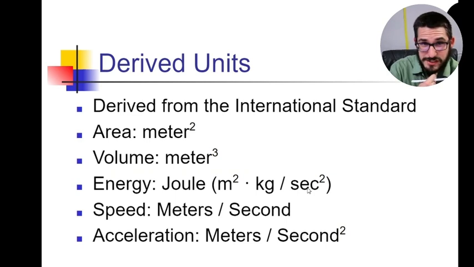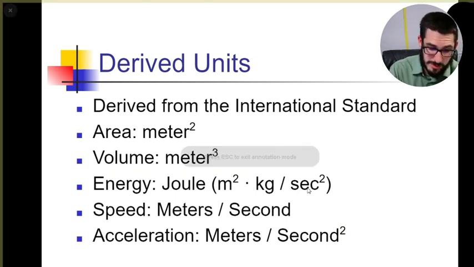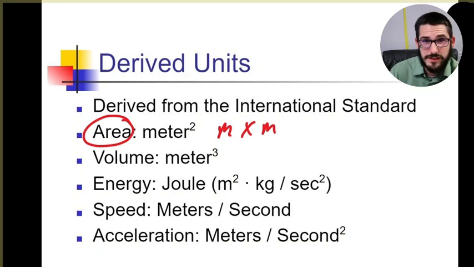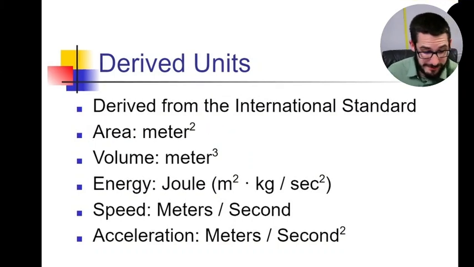So derived units are something where you start with one unit and you've done some sort of operation with it. So like area, you do length times width. So meters times meters gives me meters squared. Since that's derived by doing an operation, that means it's a derived unit. Volume is meters cubed, energy is the joule.